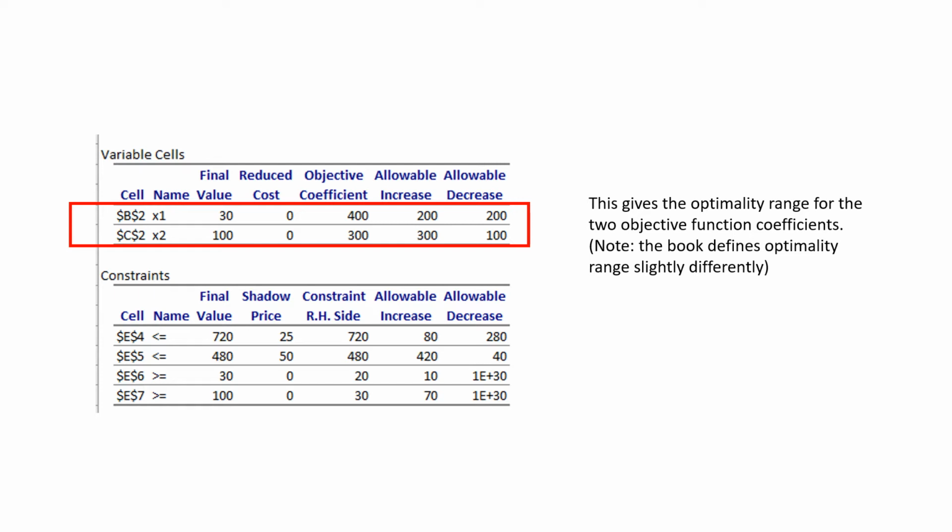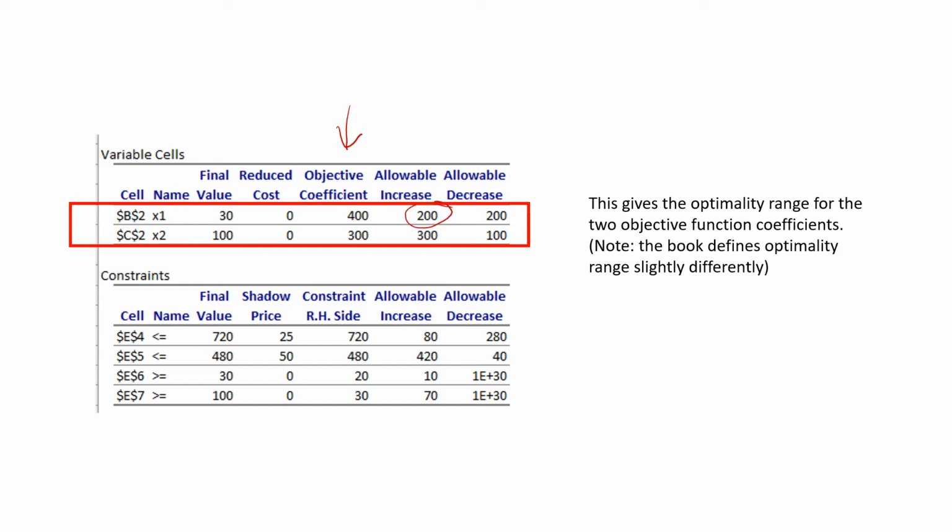So if I read this, this is saying my original objective function was 400x1 plus 300x2. What if I change x1, the profit of my first car? What if market conditions change and suddenly I'm making more of a profit?